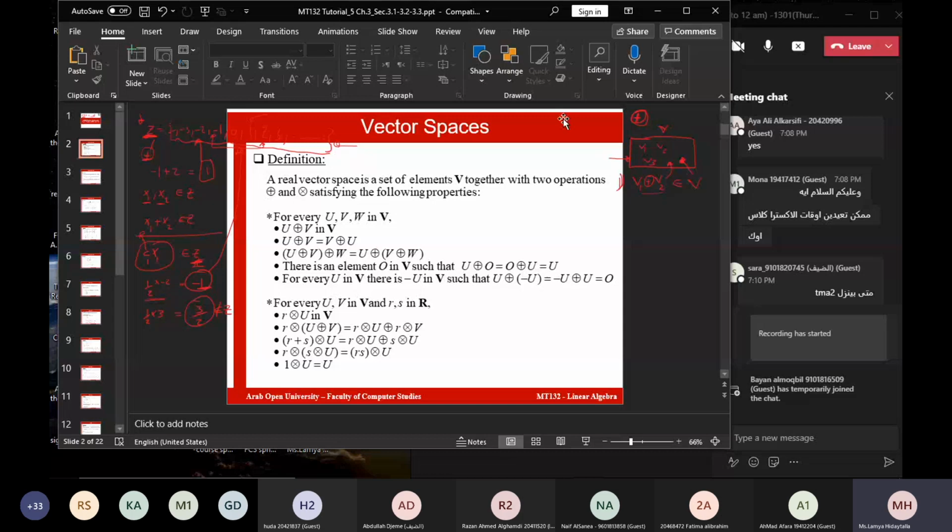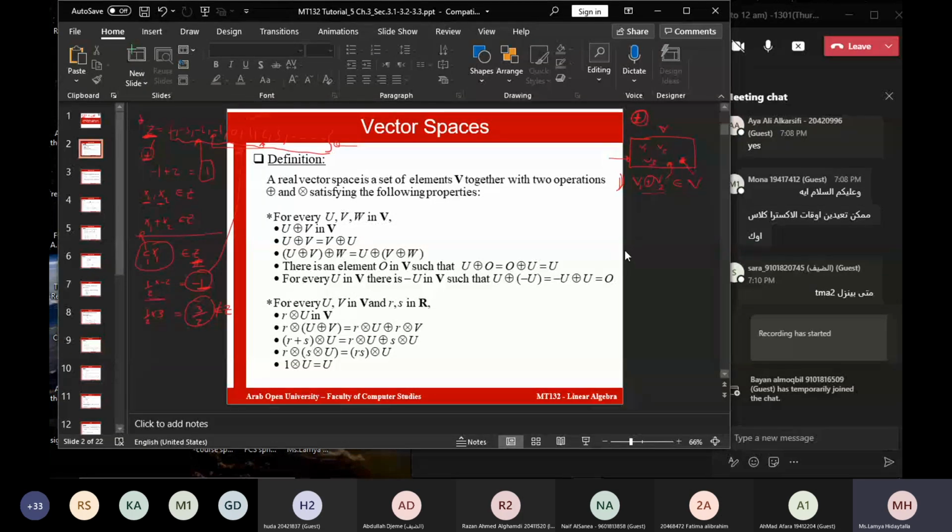For any arbitrary vectors, if I took V2 and V3 and added them up, the result should be here. Or V5 or V7, for any two vectors this should be satisfied. So this is the first condition.